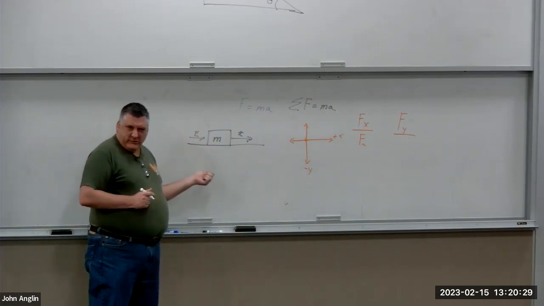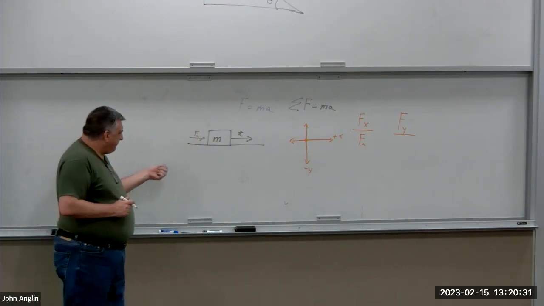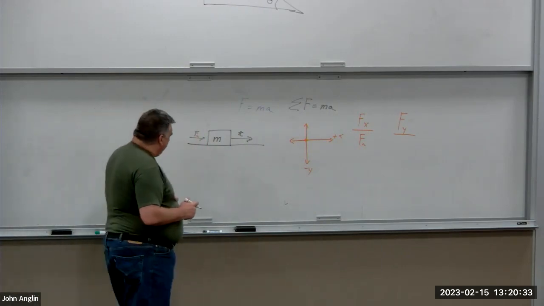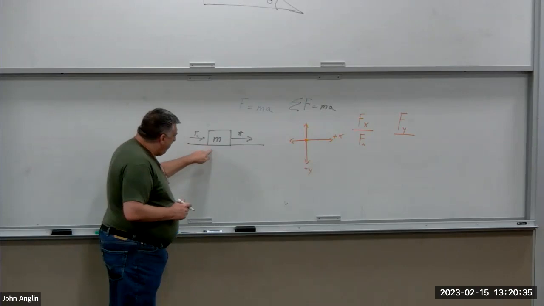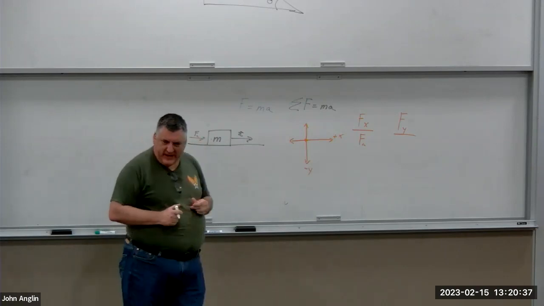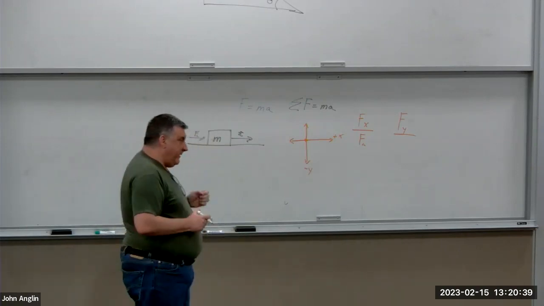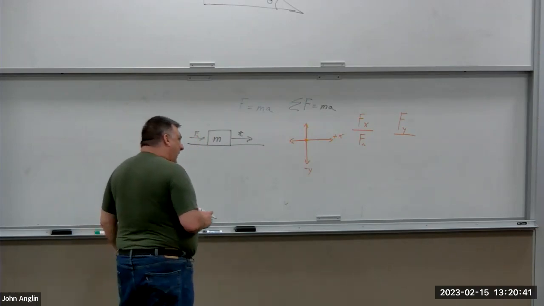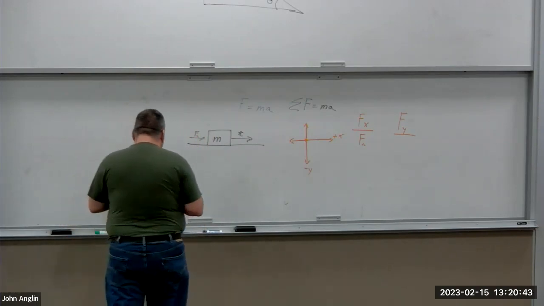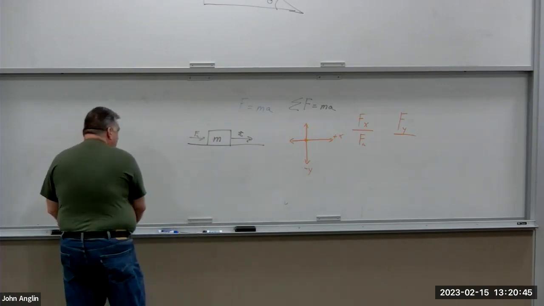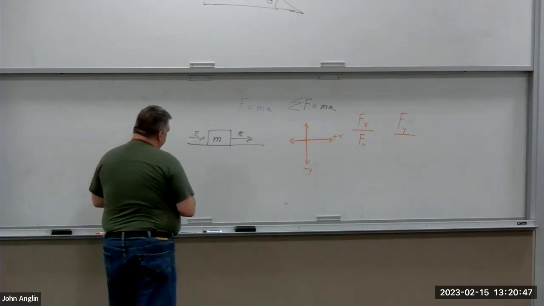The Y direction is a little different. We have to think about this. There are actually two forces acting in the Y direction. The one that is obvious to you, or should be obvious to you, is going to be the weight.